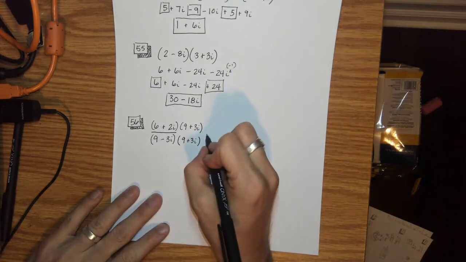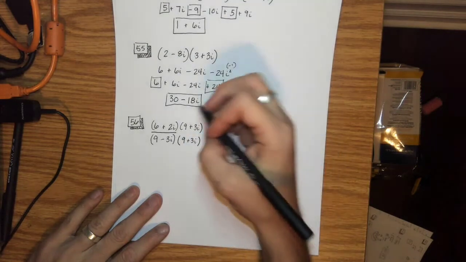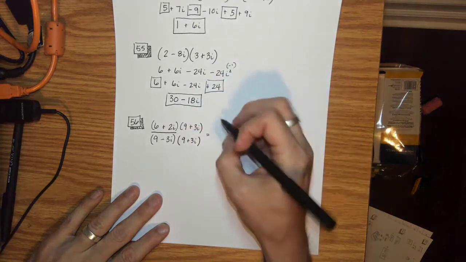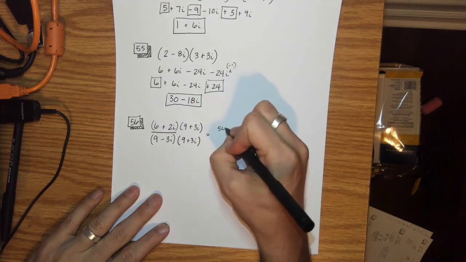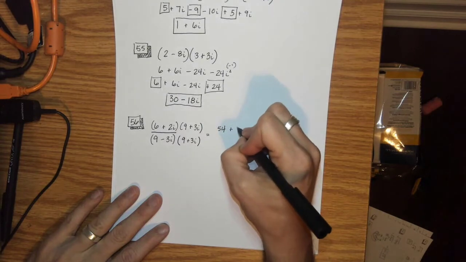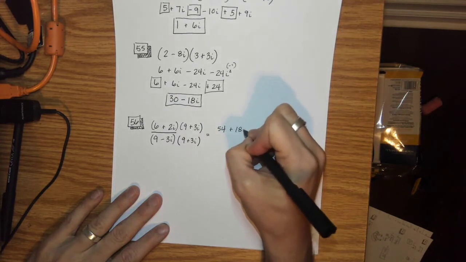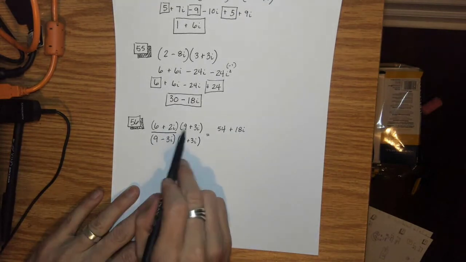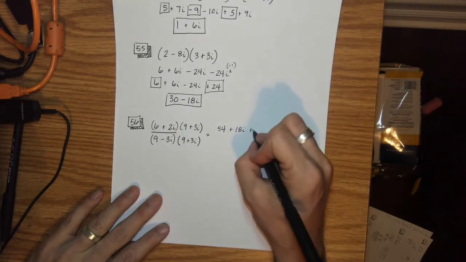Now, let's go ahead and do the top first. That's a little bit more tricky, so we're going to have to FOIL this one. So 6 times 9 is 54. And then 6 times 3i is 18i. Okay. And then 2i times 9 is another 18i.